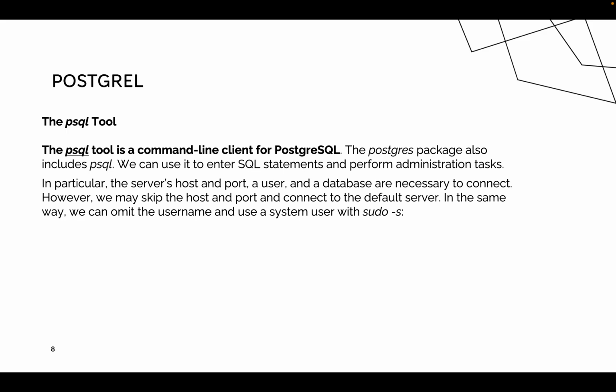We can use it to enter SQL statements and perform administrative tasks. In particular, the server's host and port, a user, and a database are necessary to connect. However, we may skip the host and port and connect to the default server. In the same way, we can omit the username and use a system user with sudo -s.